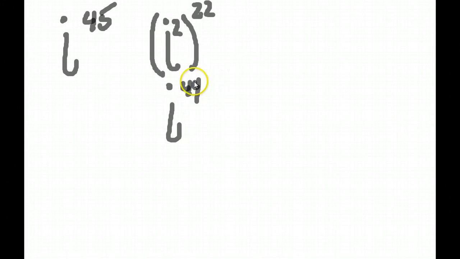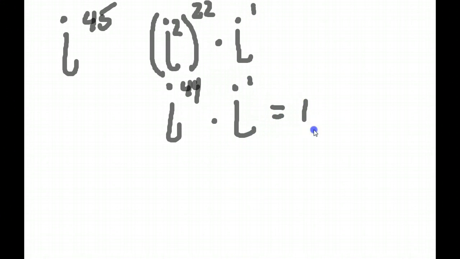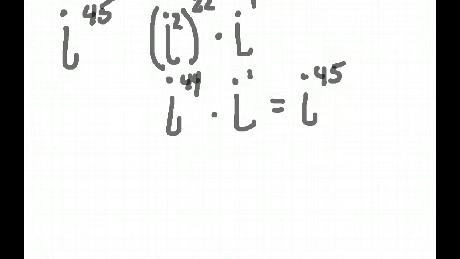But we need the exponent to be 45. So you have i squared raised to the 22nd power times i, which is the same as i to the first. You end up with i to the 44th times i to the first, or i to the 45th. So it's basically just rewriting it.